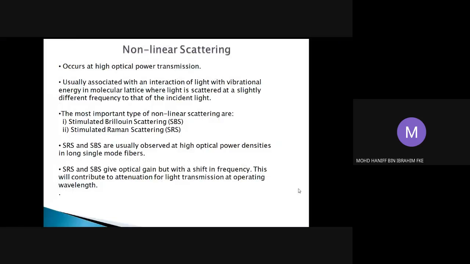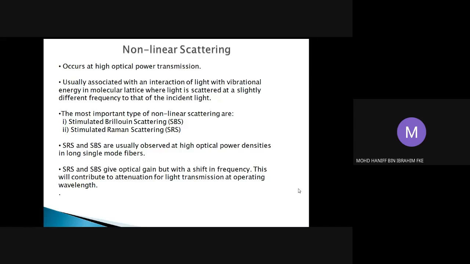So it can be said that SRS and SBS are observed at high optical power densities, and they much affect transmission based on single mode fibers.